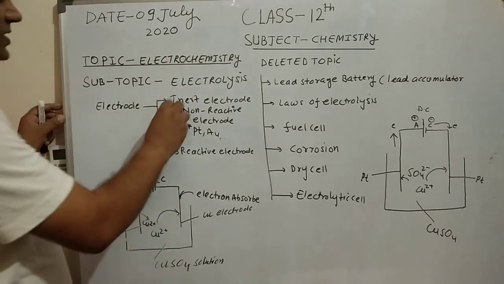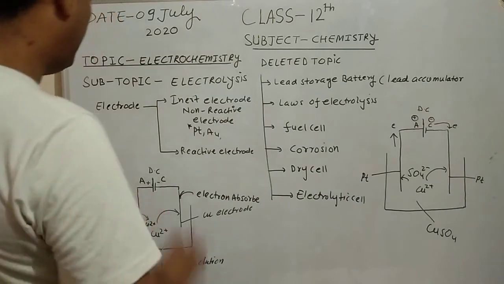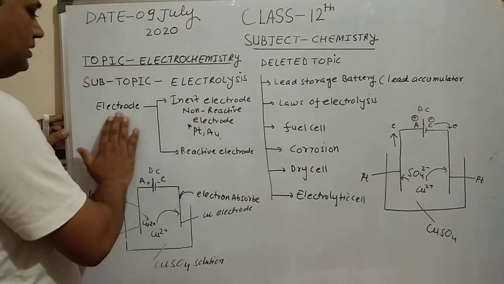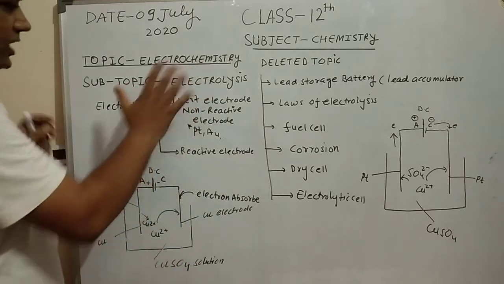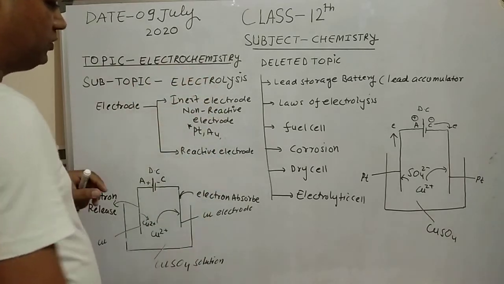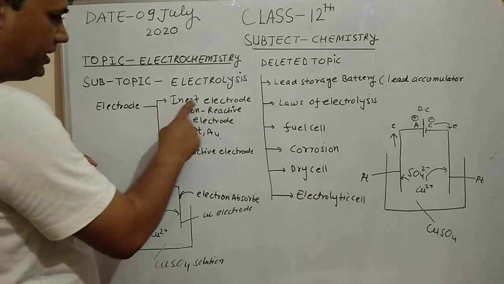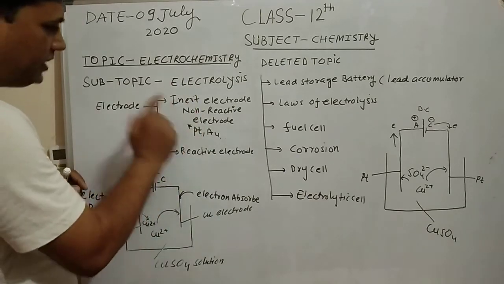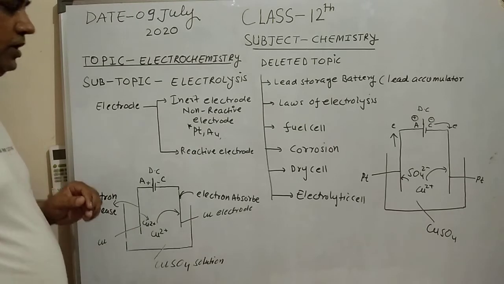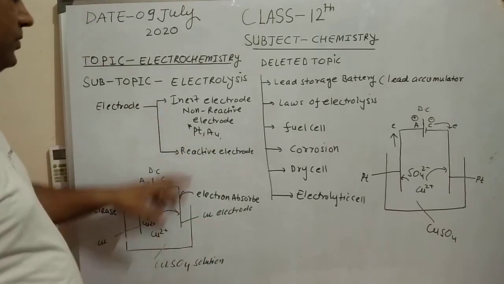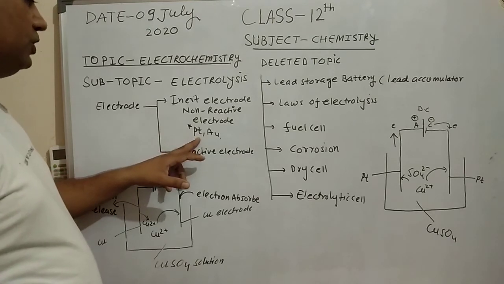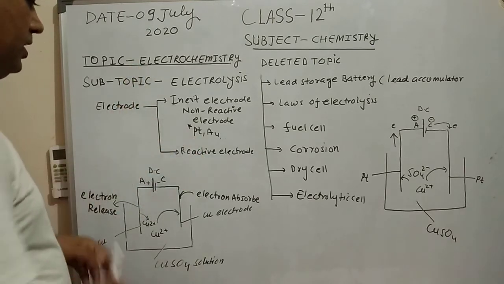So before starting the topic of electrolysis, first you are required to know what type of electrode is required. There are two types of electrode. The first one is the inert electrode, also known as non-reactive electrode. Non-reactive electrodes are platinum and gold, but in your syllabus only platinum is used as an inert electrode.